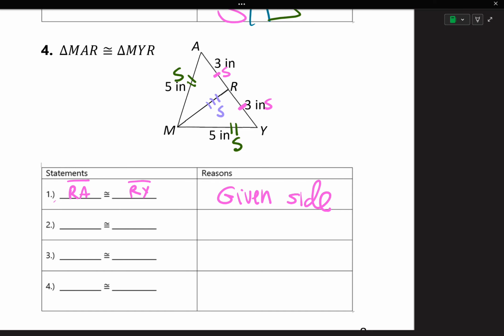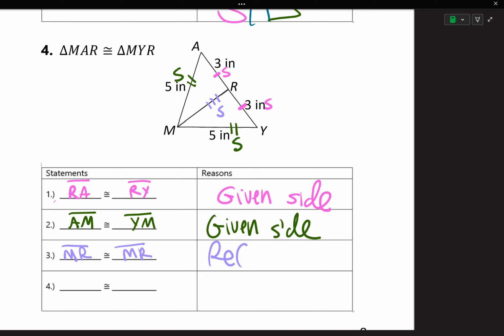We were also given that AM is congruent to YM. Again, a given side. And then the reflexive property allowed us to say that MR is congruent to MR.